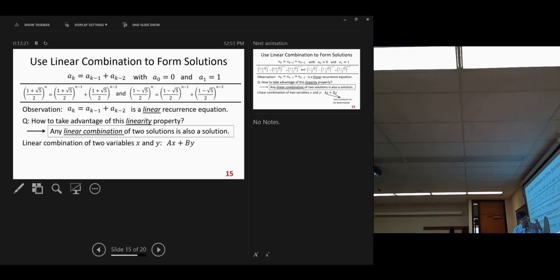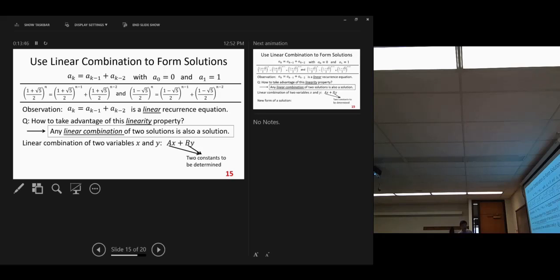Now we do a linear combination of those two special solutions. For any constant A and B, we claim that will be a new solution. Do you believe that? Any A and B, ax plus by will be a new solution? Can you imagine that? This is an important step. Try to get that.